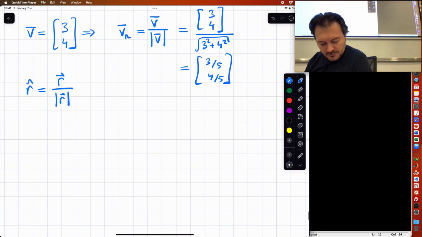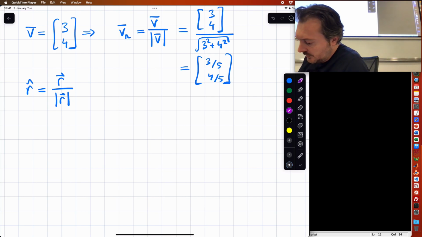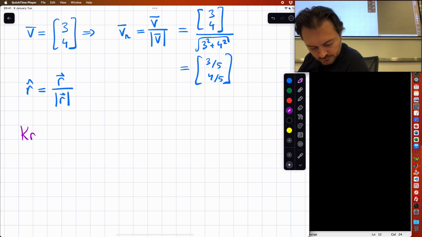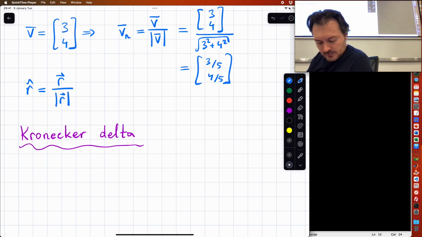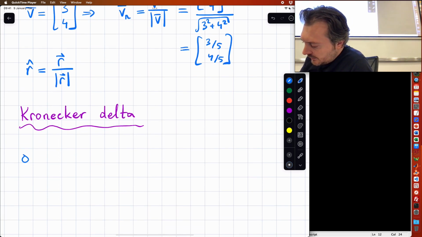Let me just introduce you to the Kronecker delta, because we will start using it. Kronecker delta is shown like this.